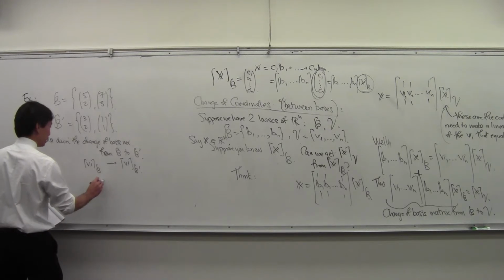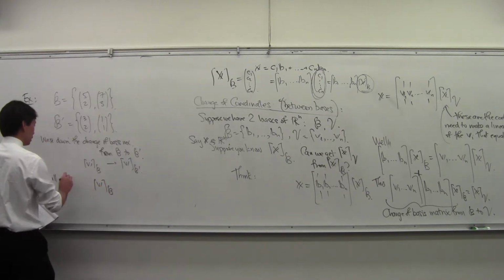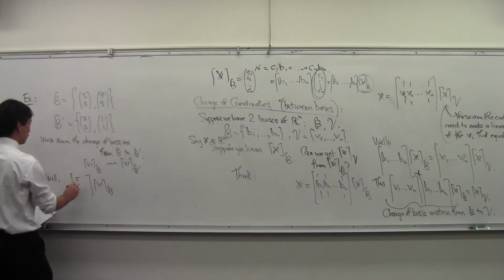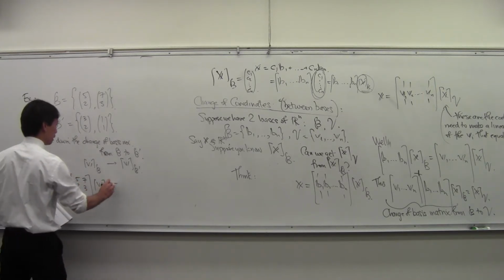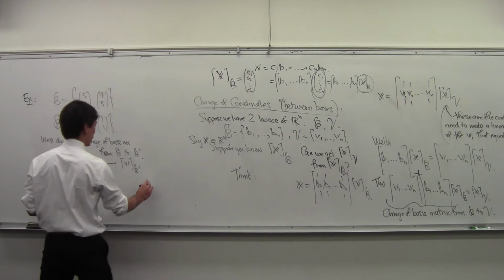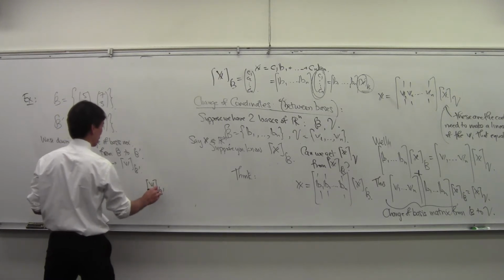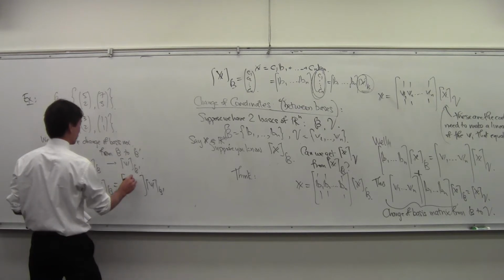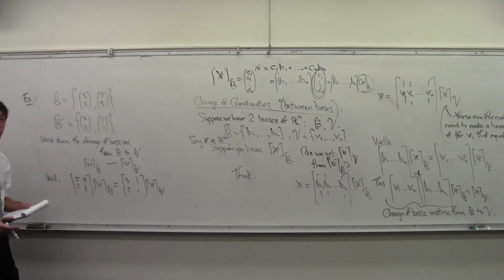You know that the coordinate vector with respect to B times 5273 equals the coordinate vector with respect to B prime times 3211. That's by definition.